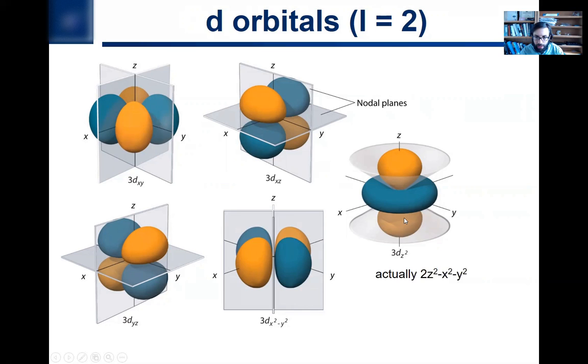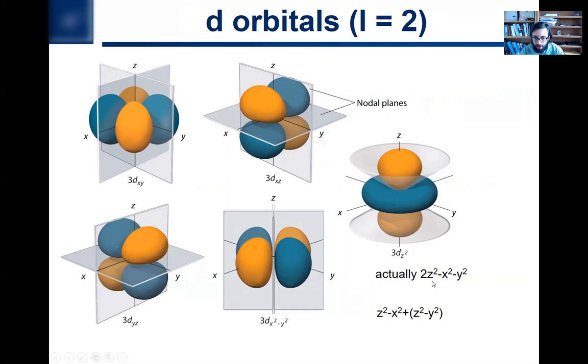It's not a clover leaf like the others. This is something I didn't realize for a long time because nobody told me this, and I never learned it early on when I was taking general chemistry and inorganic chemistry. But the z squared is actually shorthand notation. The real function is 2z squared minus x squared minus y squared. And what does that do?